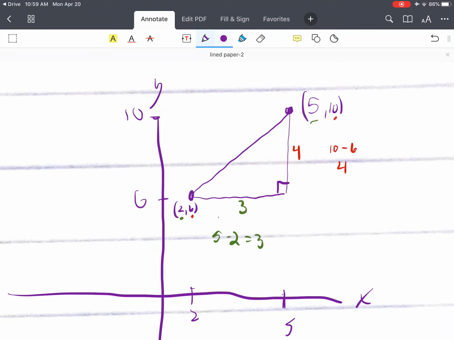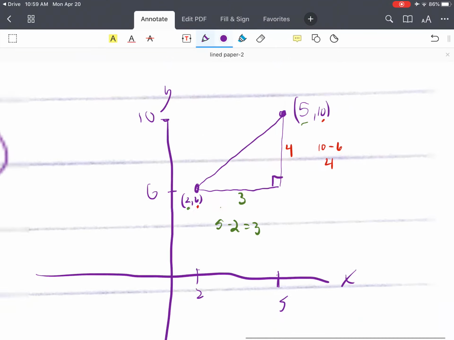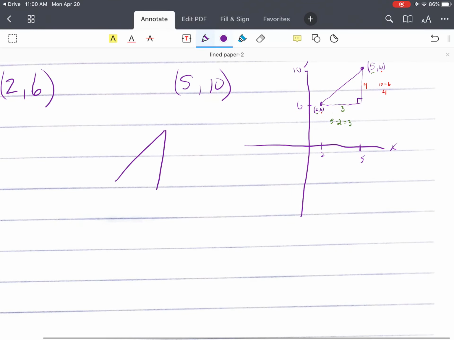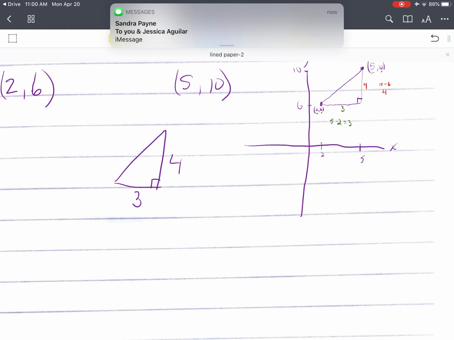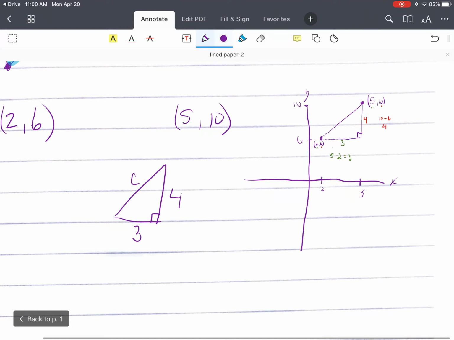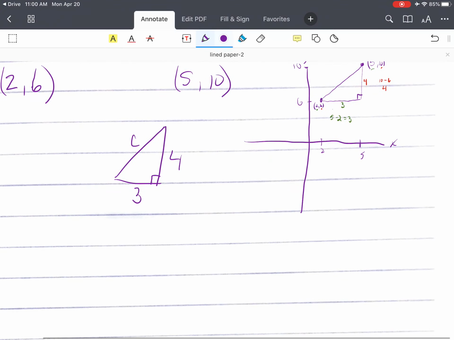If you think about it, we now have a triangle, right? I'll redraw this triangle over here. We have a right triangle with distances 3, 4, but we don't know what the long side is. We can use the Pythagorean theorem.